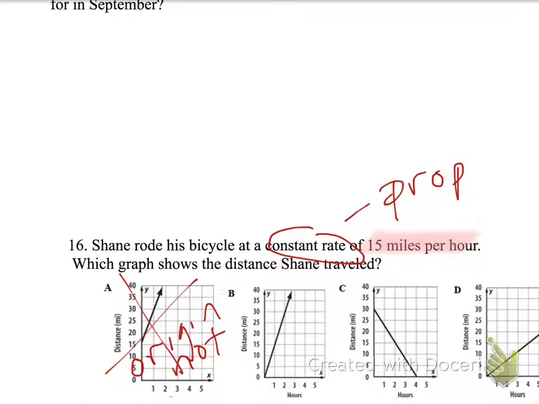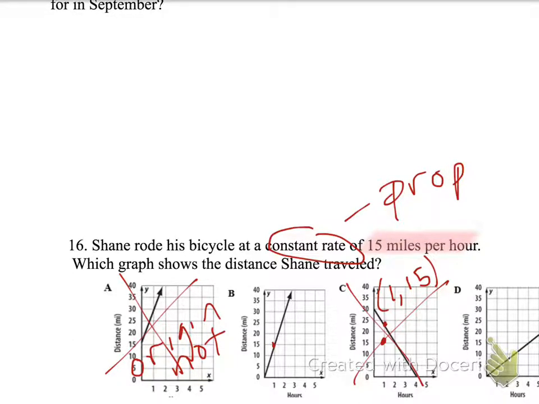Okay. Then we need to find where 1 is 15. So on B, 1 is 15. On C, 1 is not 15. So on our first hour, he does not ride 15 miles per hour. He rides something up here, and that's just not correct. So you have to have the point (1, 15).